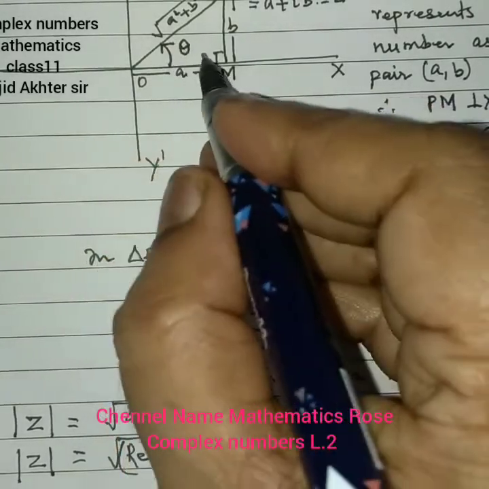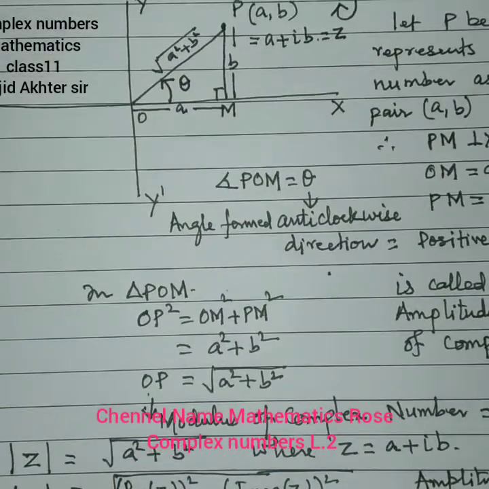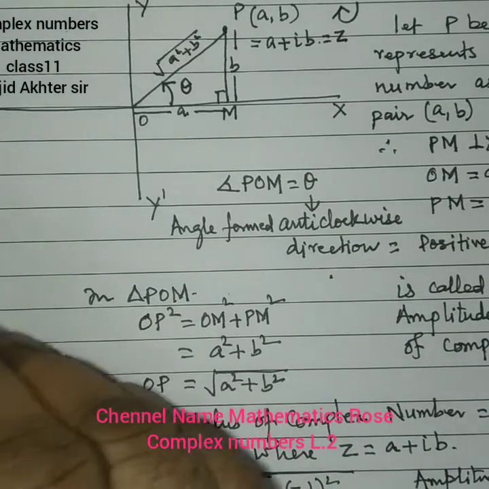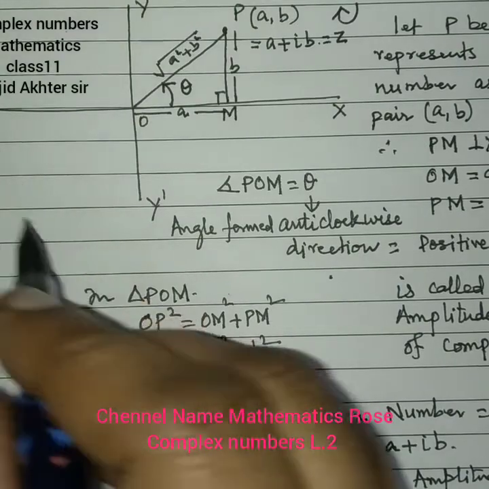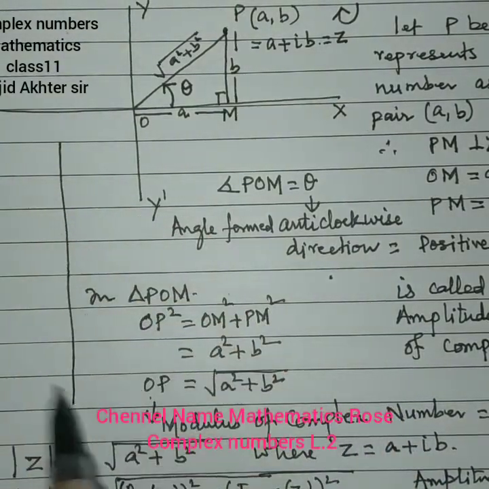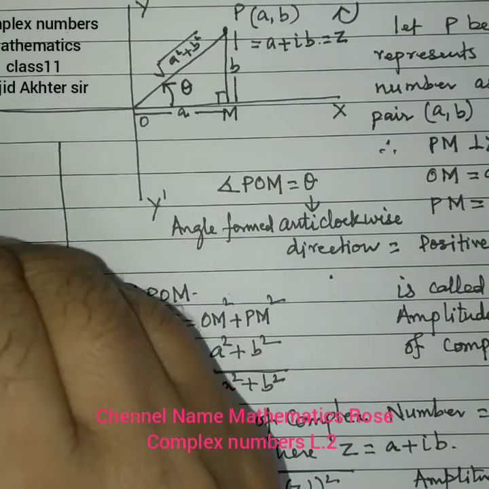Suppose here I am taking tan theta. In the next page I will do it, or here I can take, just a minute. Here I am just taking because page is less here. So now theta is argument.